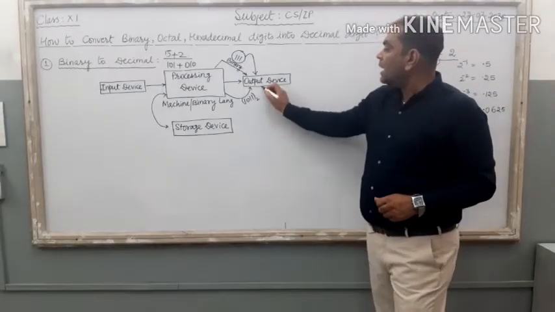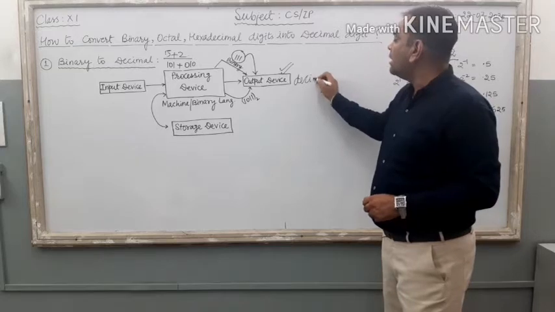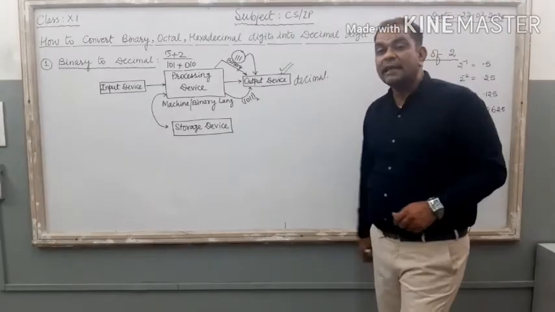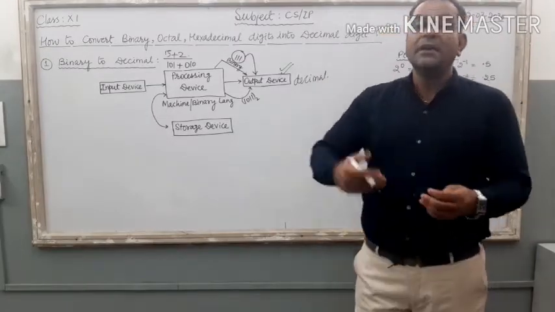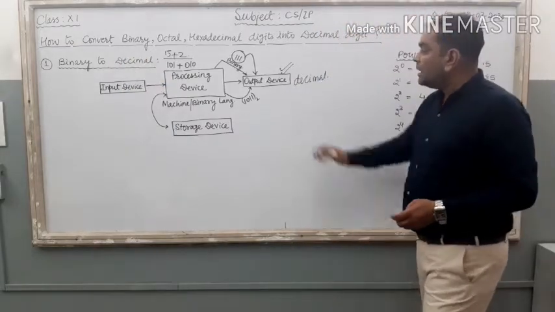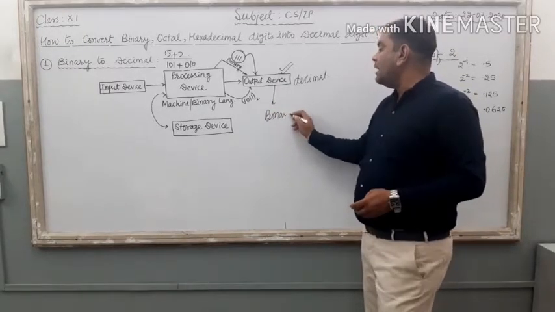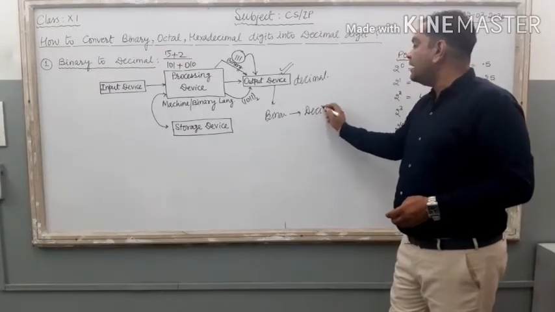So the output device shows decimal numbers only, or we can say user readable formation only. So the output device converts the binary input into its decimal equivalent.